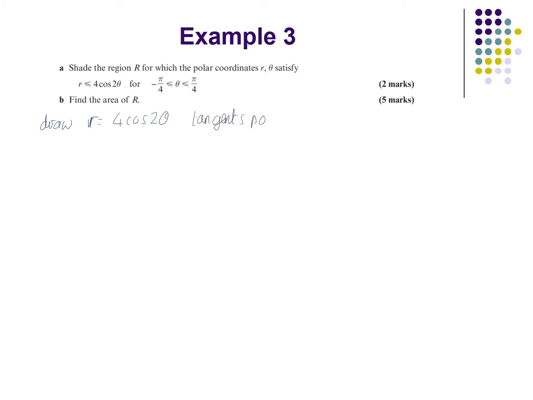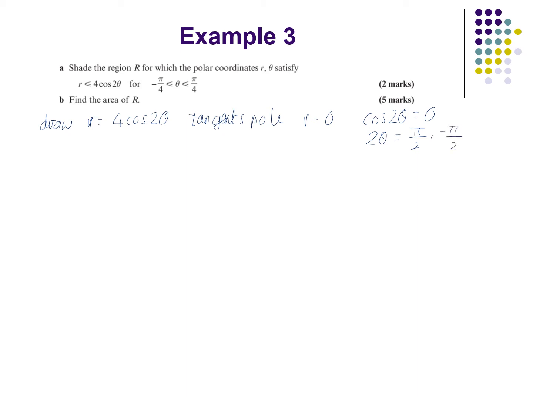Now you know, just got a cos 2 theta, so it's going to be flowers with 2 petals. Tangents to the pole, r is 0. So we get cos 2 theta equals 0. When cos 2 theta equals 0, we get 2 theta equals pi by 2, and we also get minus pi by 2.